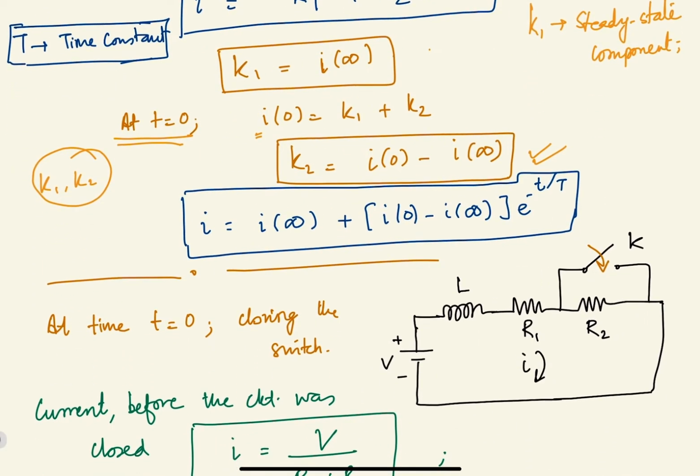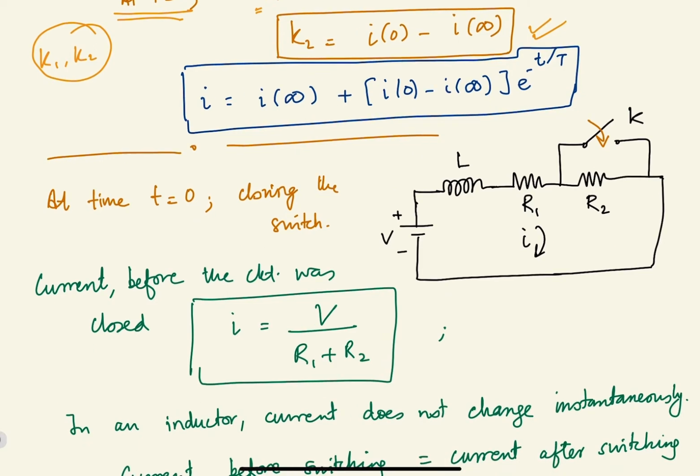Now to understand this, let's take a look at this circuit drawn in black here. We have a voltage source V, an inductor L, resistors R1 and R2 connected in this arrangement. Now what is done in this case? The switch is initially off.